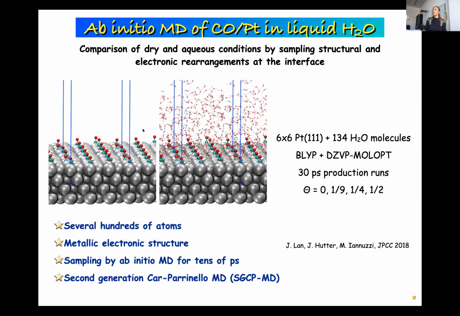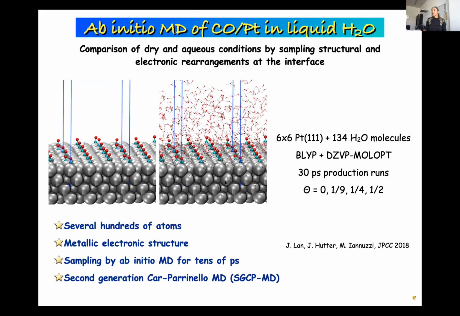So our model is a standard platinum slab. We model with dynamics both the dry and the aqueous interface. And we tested different coverages of the CO overlayer in order to also include in the possible explanation an effect of CO-CO correlation, so the frequency correlation.